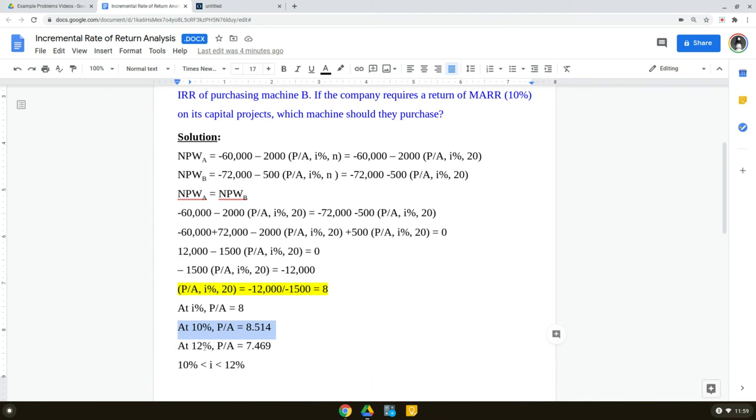At 12% internal rate of return, P given A, we found from the table, is 7.469. So we really want to find I, and we know that it is between 10% and 12%. So how do we exactly find that value?